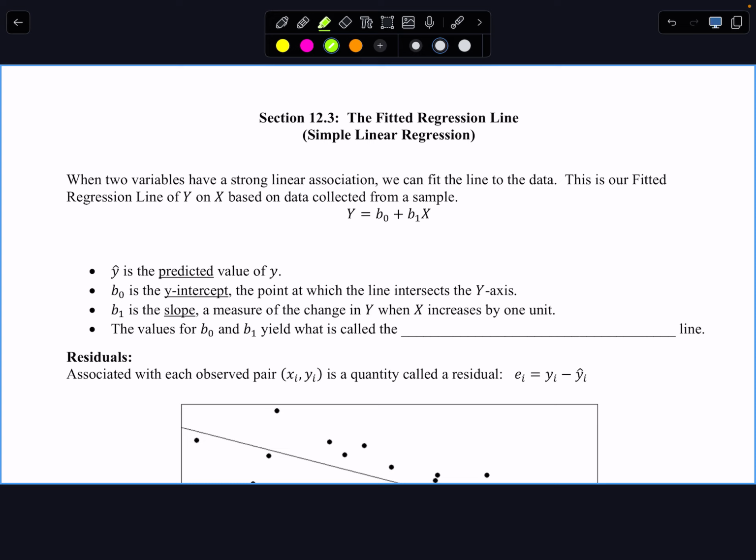All right, but we need, this is the qualifier here, we need the two variables to have a strong linear association. Remember, association in statistics is the same thing as relationship. All right, we want to find the line that fits that data. In regression, we always regress y on x and end up with a line that looks something like this.